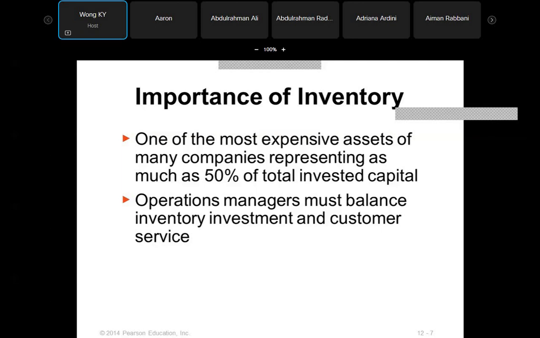Okay, we have tangible and intangible assets, right? So inventory could either be tangible or intangible. So inventory is a kind of asset, and it is one of the most expensive assets, basically representing as much as 50% of the total invested assets. So operations managers must balance between achieving inventory investment and fulfilling customer service. I will explain that.